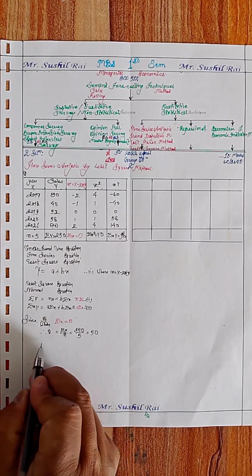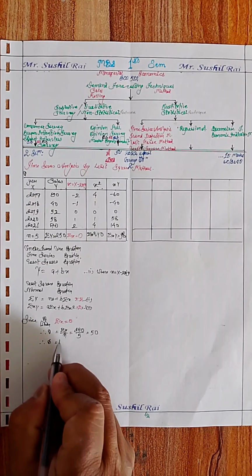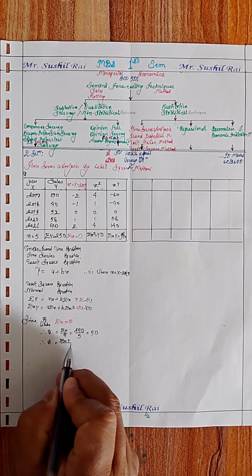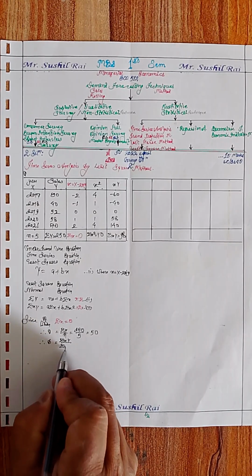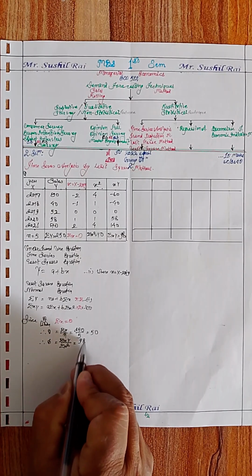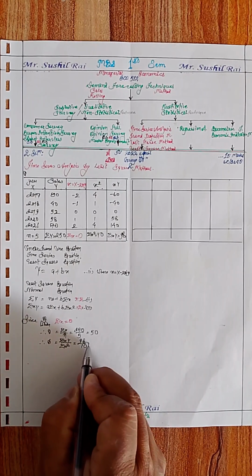Therefore b is equal to summation xy by summation x square, 98 by 10 is equal to 9.8.